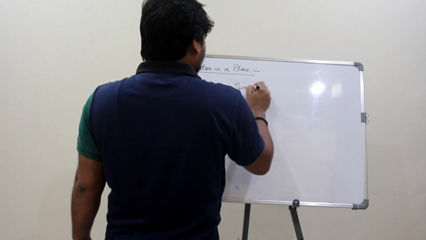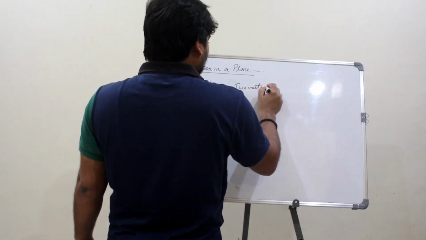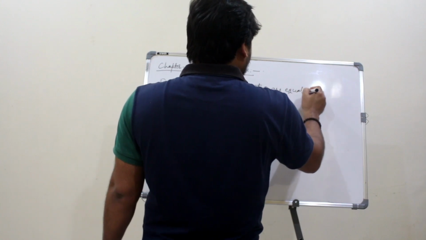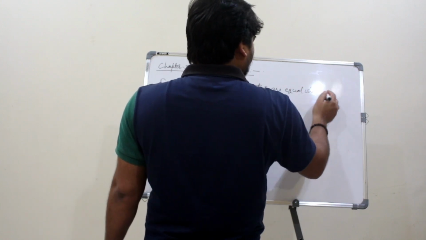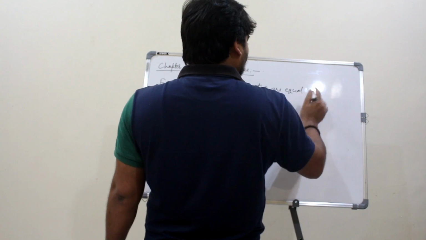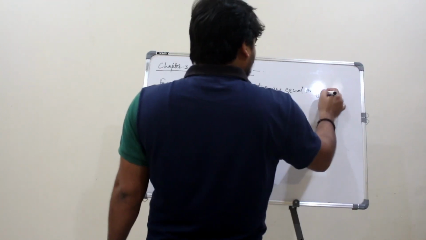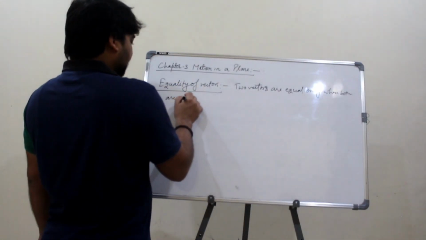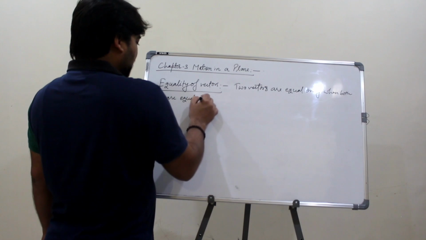Two vectors are equal when both are equal in magnitude and direction.